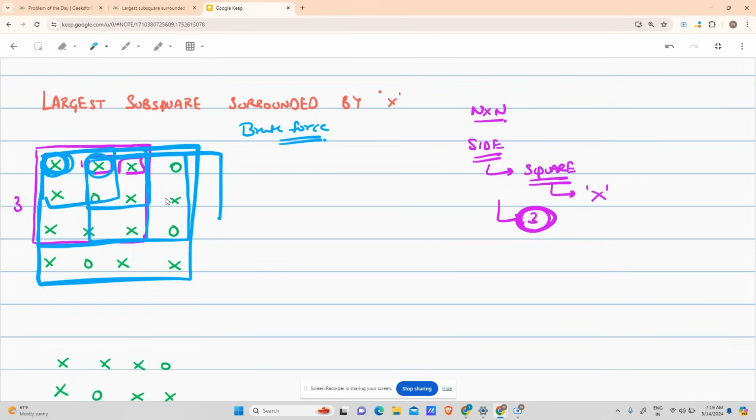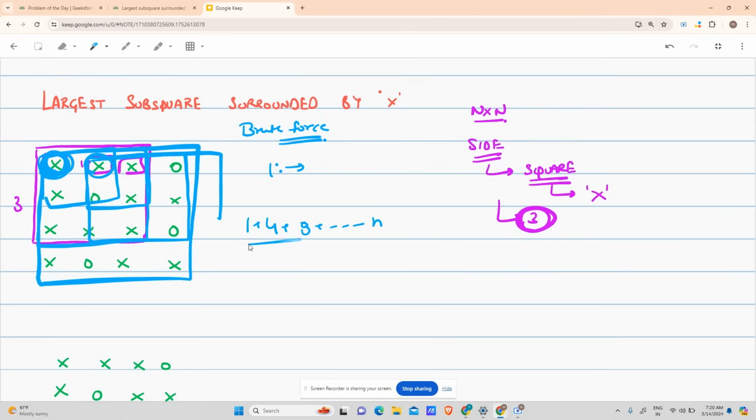Similarly, find it for all elements, right? So how much time will it consume? To check this, it is traversing the matrix. For the first element, four squares are forming, and how many times is it traversing? It traverses a single element once, then four, then eight, up till n.